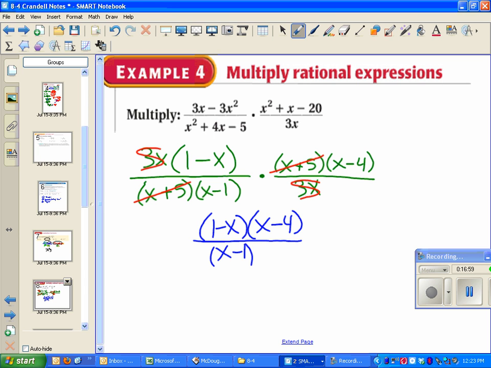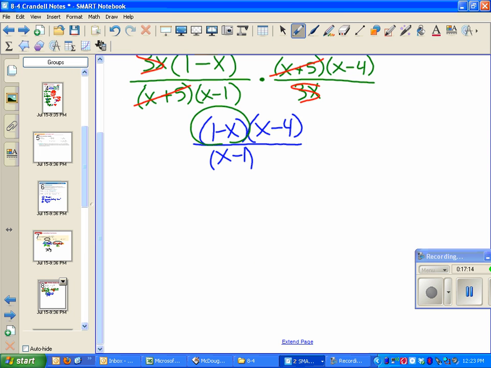But notice you have 1 minus x and x minus 1. So they're kind of the same thing, except they're opposite signs. So if we took this and factored out a negative 1, then we would have, if I factor out a negative 1, I'm going to have a negative 1 plus x.